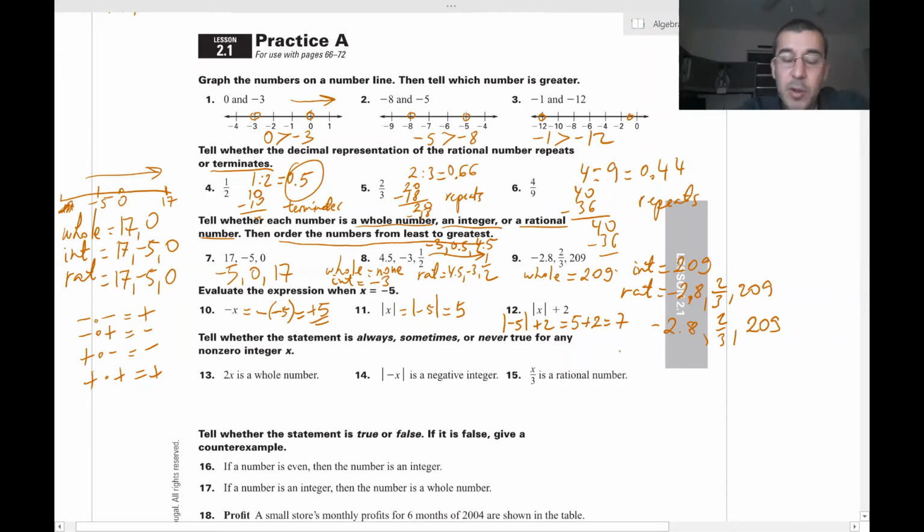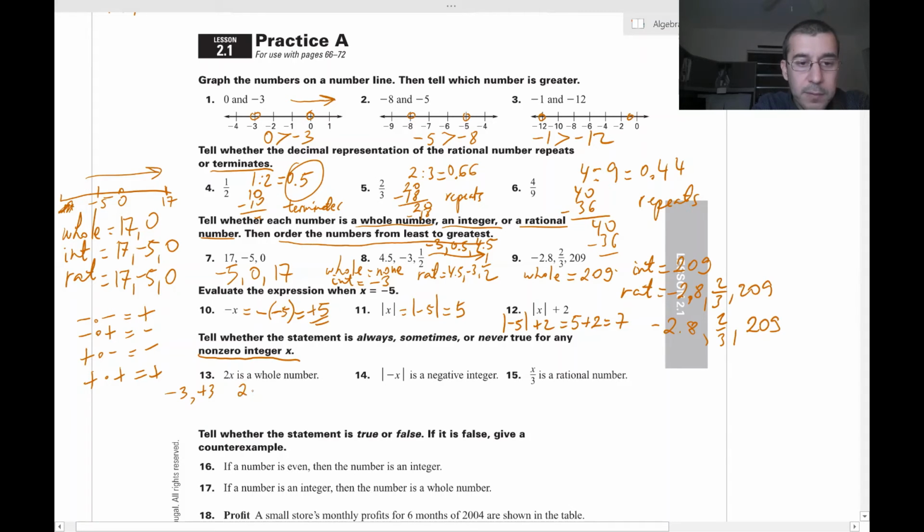Tell whether the statement is always, sometimes, or never true for any non-zero integer x. So 2x is a whole number. Okay, so x is a non-zero integer. Integers, we know that it's negative infinity all the way to negative 3, negative 2, negative 1, 0, 1, 2, 3, all the way to positive infinity. So non-zero. So it can be, let's say, negative 3 or positive 3, right?